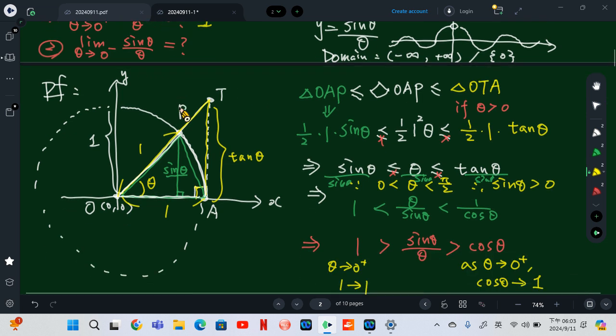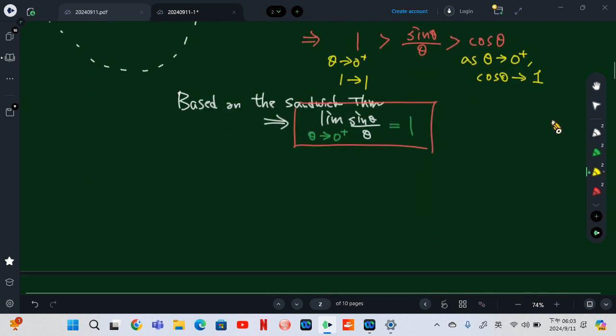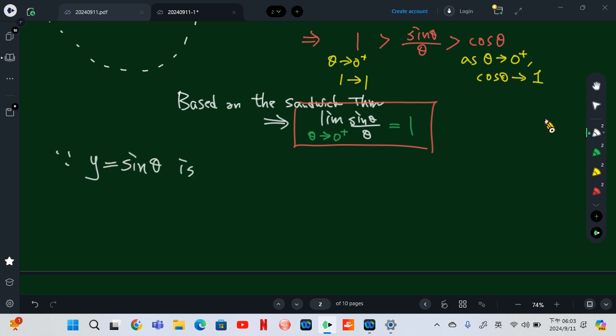Why? Because right now, y is equal to sine theta, is it an odd function or even function? Did you remember? Odd function, right? Did you still remember what an odd function is? Odd function means if I use minus x as an input, we get minus f of x back.